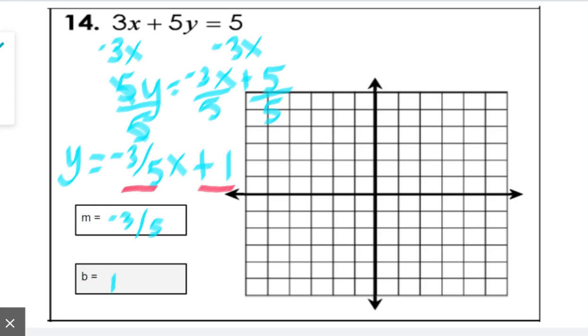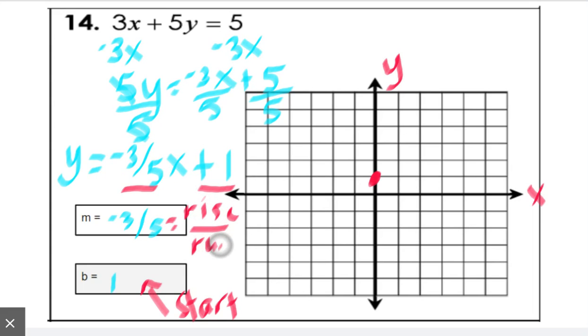Now we always start, remember this is our starting point. Here is our y-axis, here is our x-axis. If our y-intercept is 1, we have a fixed point on that y-axis at 1. Now remember, our slope is our rise over our run.